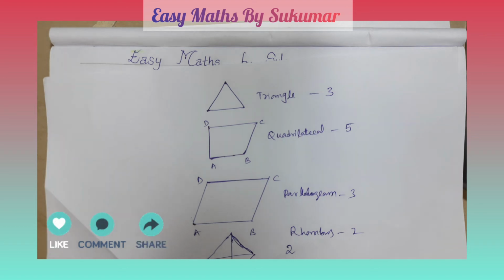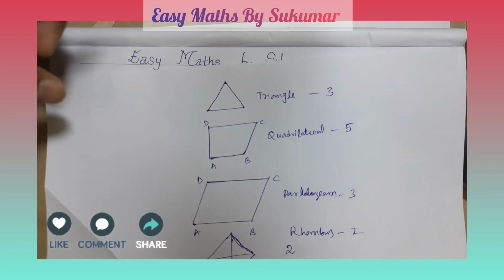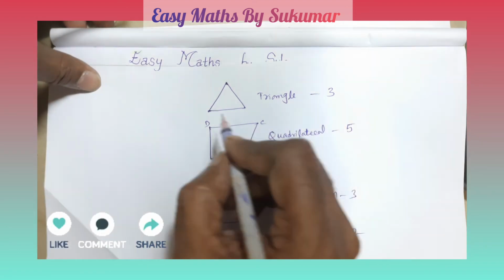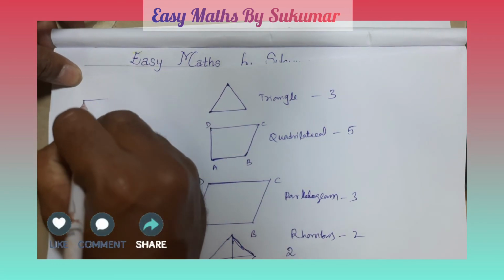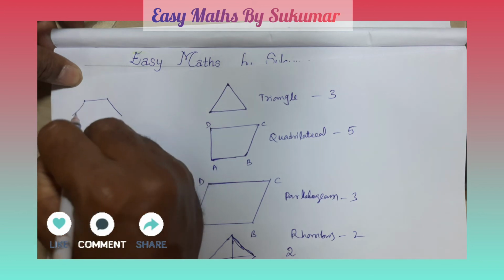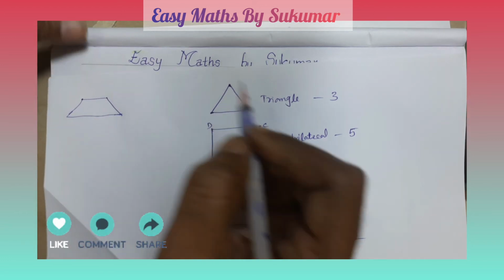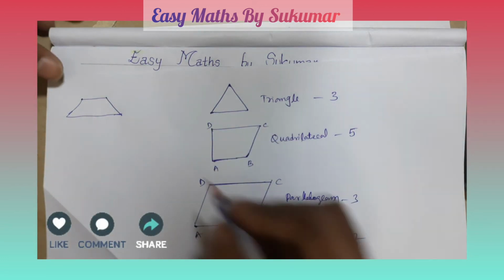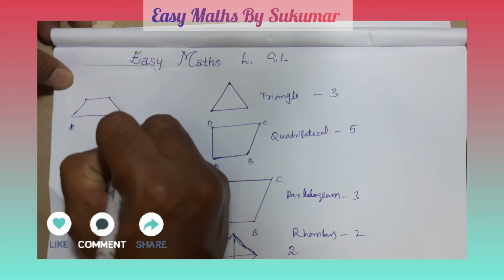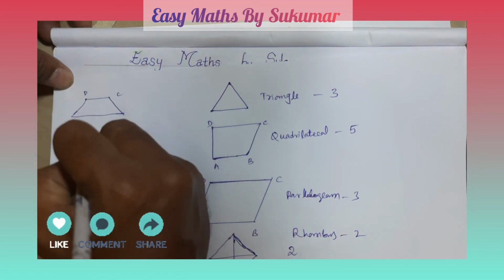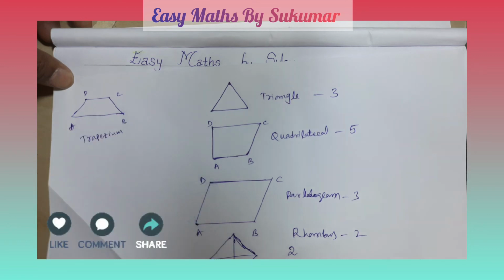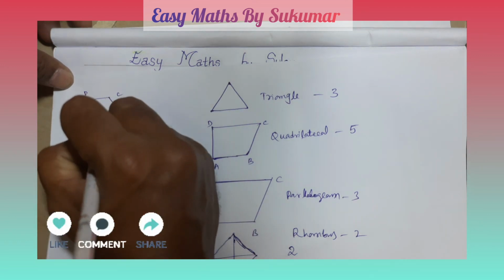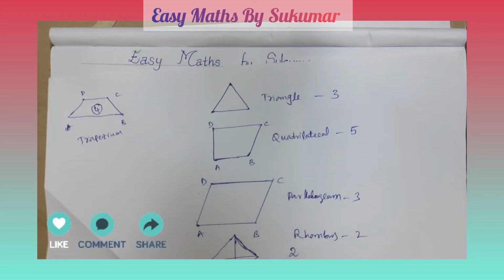And coming to the trapezium, let me draw here. This is trapezium. Trapezium means only one pair of opposite sides are parallel. So to construct a trapezium, we need four independent measurements, right?